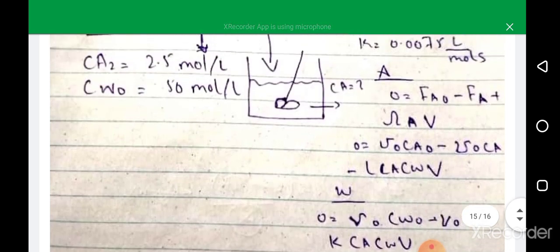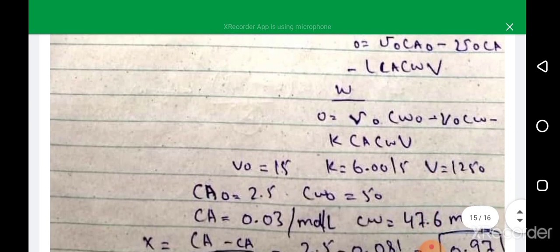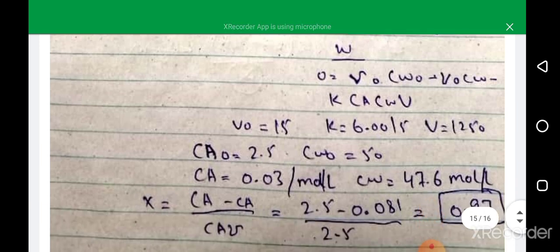So now we have the formula and apply it for the solution: 0 is equal to v0 CW0 minus v0 CW minus k CA CW V. Now the data: v0 is equal to 15, k is equal to 0.0015, V is equal to 1250.